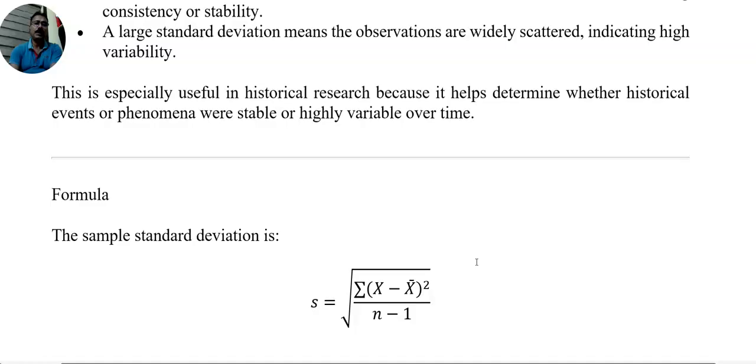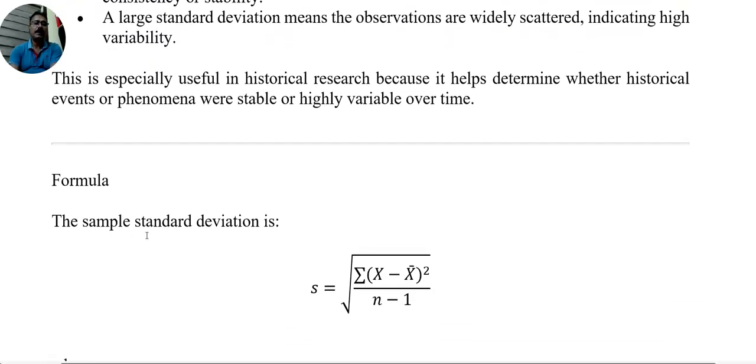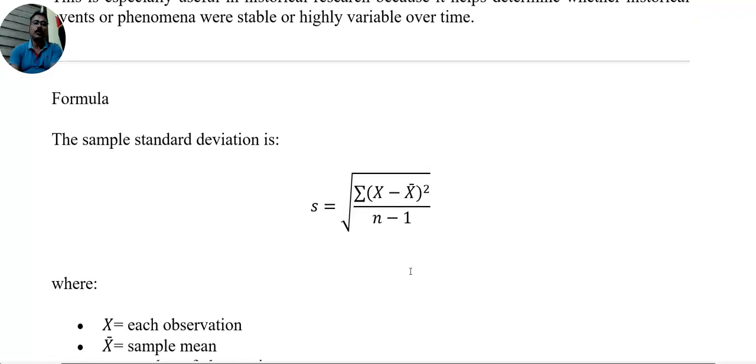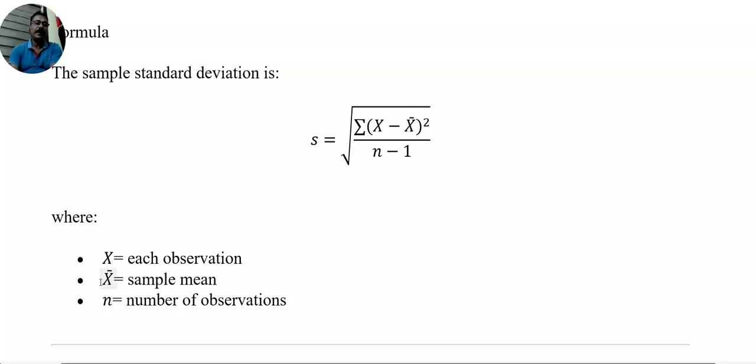How do we calculate the standard deviation? Here is the formula for the sample standard deviation. First we take each value of the data minus the mean value, square this, sum it, divide by n minus 1, where n is the total number of observations, and then take the square root. Here x is each observation, x bar is the sample mean, and n is the number of observations.